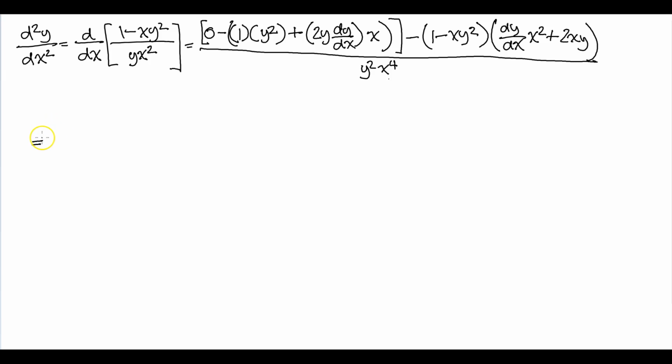So in the top we have negative y squared minus 2xy dy/dx, 2xy dy/dx, looks about right, minus, well, this will be painful. We're going to FOIL it out.